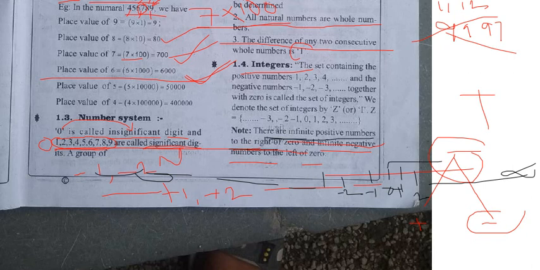This is the right side, and this is the left side. In the left side, there are infinite negative numbers to the left of 0.